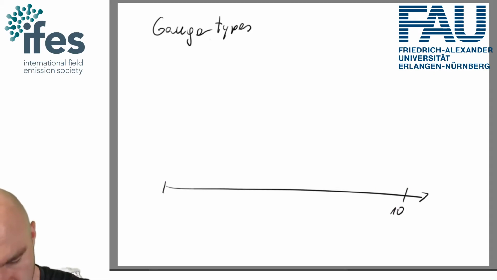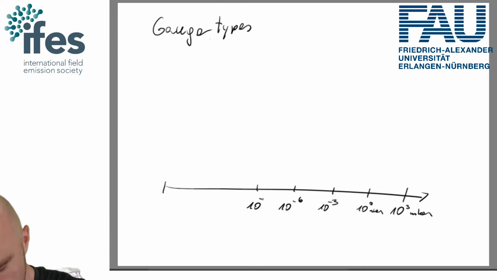So 10 to the 3 millibars. Then we would have 10 to the 0 millibars. Then we would have 10 to the minus 3, 10 to the minus 6, 10 to the minus 9. And I've written millibar everywhere. So this is pressure in millibar. And then we'll have 10 to the minus 12.